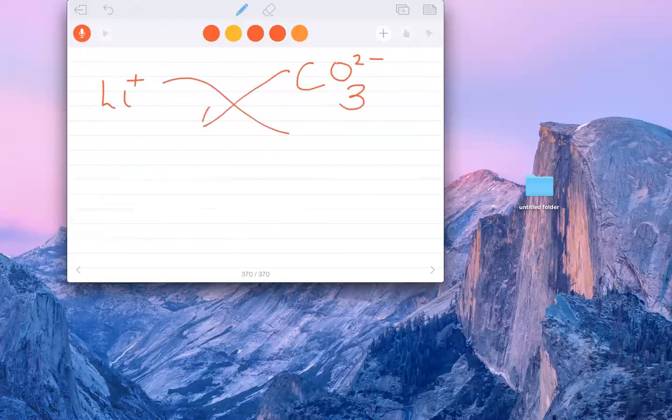We have lithium, 2 is coming from carbonate, and 1 will just be silent. Don't use the parentheses. When 1 is taking care of the polyatomic ion, you exclude that.